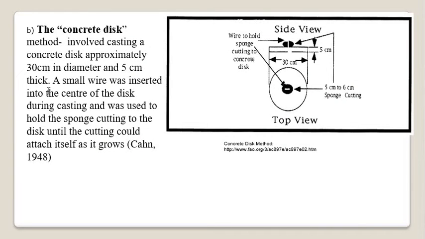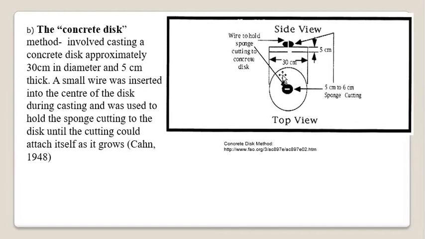Okay, so the concrete disc is a second method of sponge culture, sponge rearing. In this case, a concrete disc approximately 30 centimeter in diameter is cast like this.